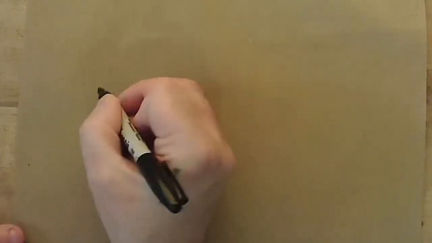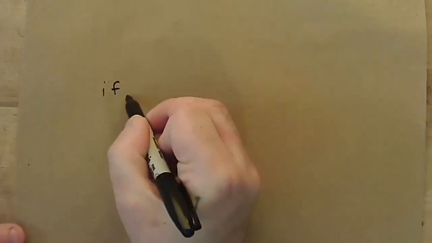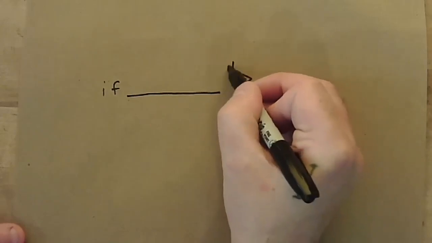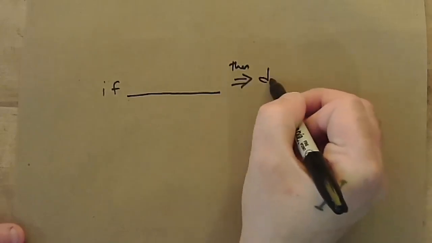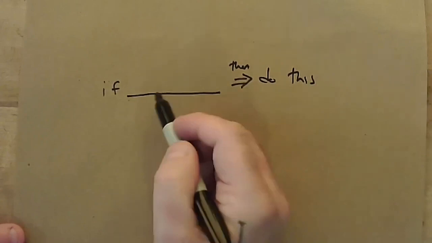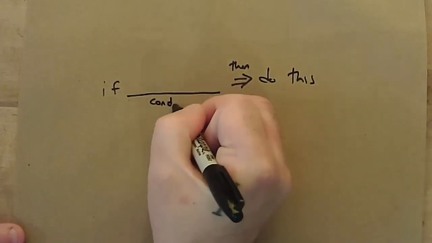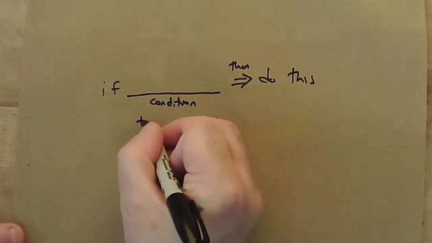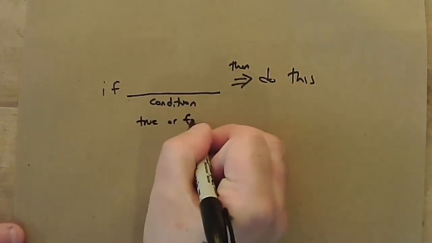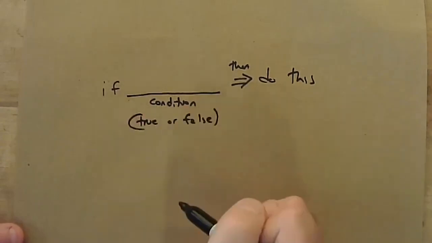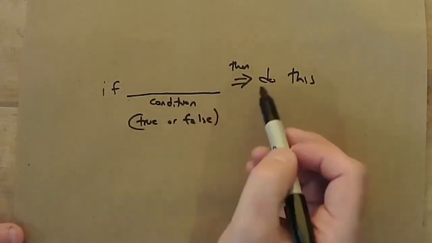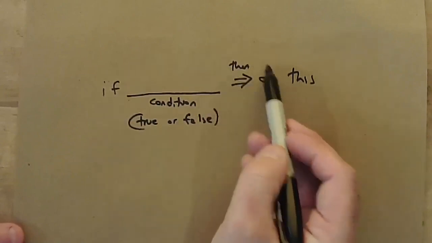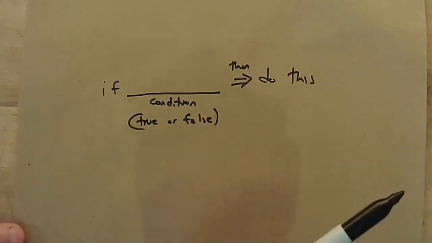So we have if something, then do this, right? We have a condition that we are going to check whether it is true or false. So if something is true, then we're going to do this. If it's not true, if it's false, then we will not do whatever is specified.